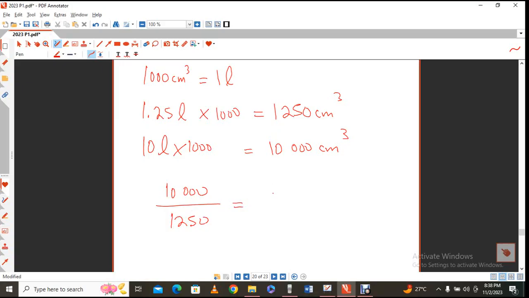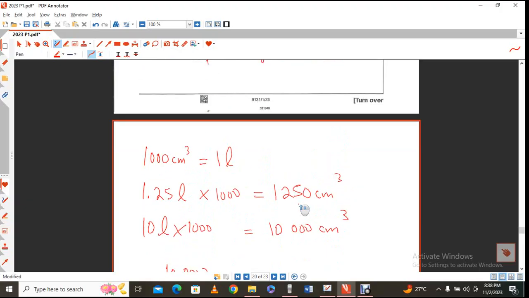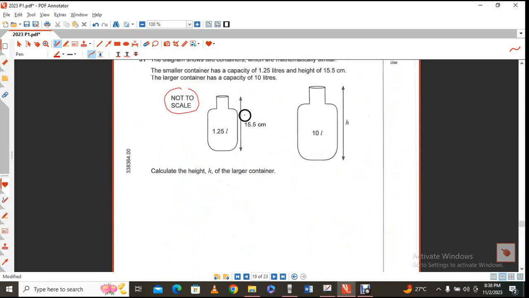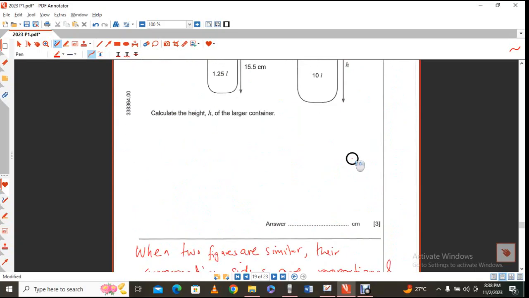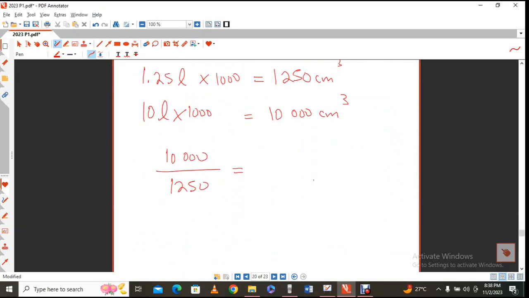If I go back to the containers, I've got 15.5, which is the side of the small one, and the side of the big one is what we are supposed to find, which is H. So I'm going to come down: big one on top, which is H, and the smaller one, which is 15.5. And this should be cubed.